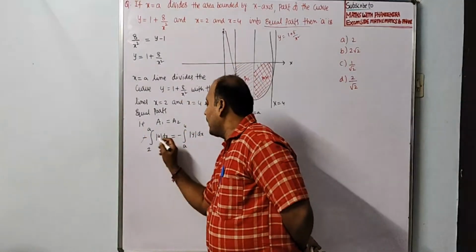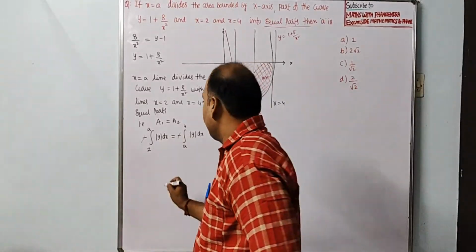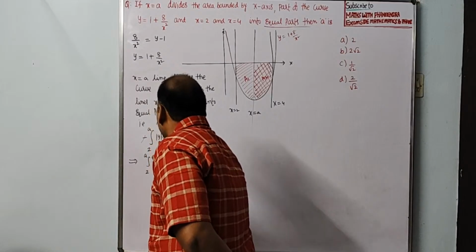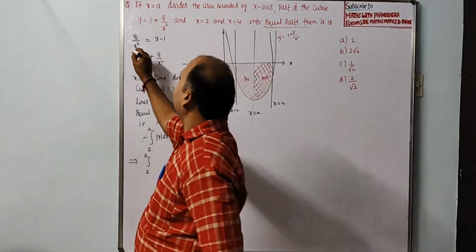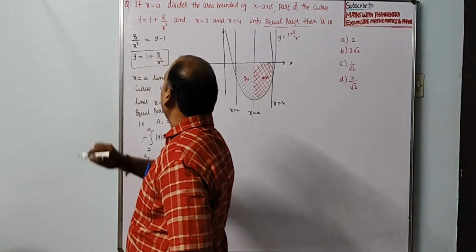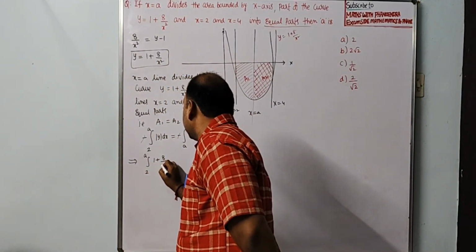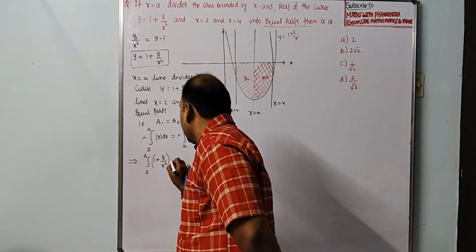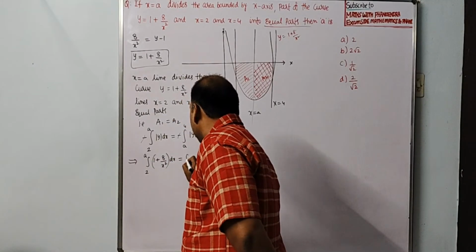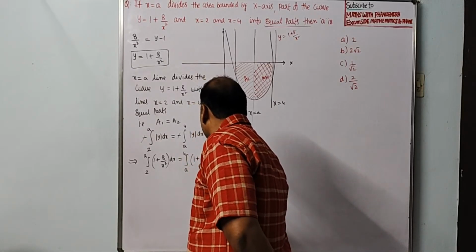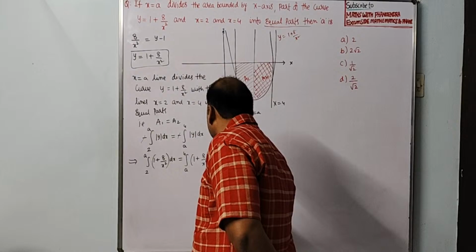So both sides minus get cancelled. That implies integral 2 to a, in place of y substitute the given curve, that is y equal to 1 plus 8 by x square, into dx, is equal to integral a to 4 of (1 plus 8 by x square) dx.